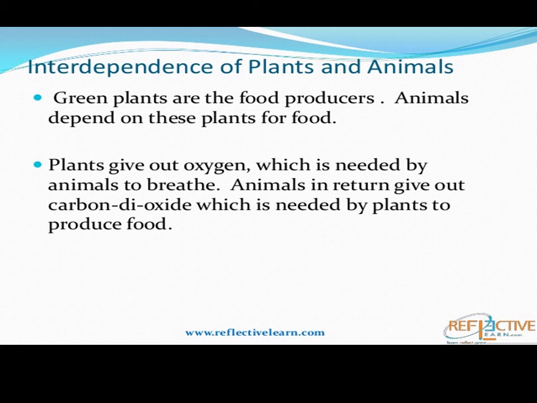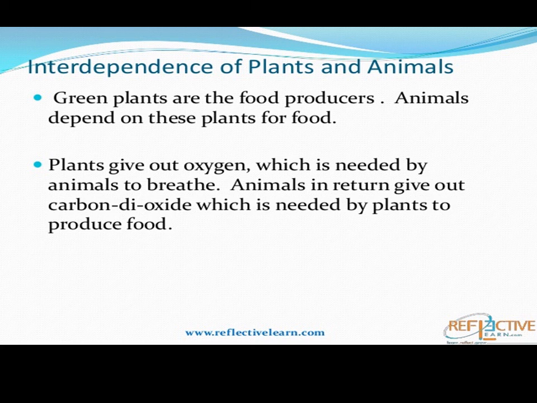So children, if we are not present, the plants will not get carbon dioxide, and if the plants do not get carbon dioxide, then from where do we get the food? So we and the plants are interdependent on each other for our survival, because we give them carbon dioxide and they give us oxygen. So this is why we both are alive.